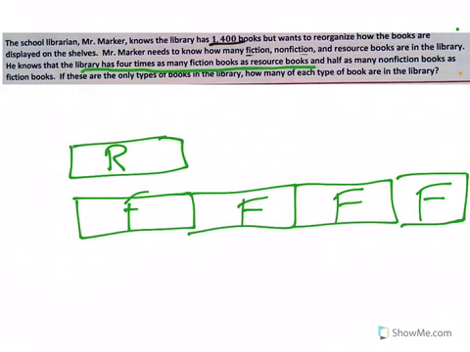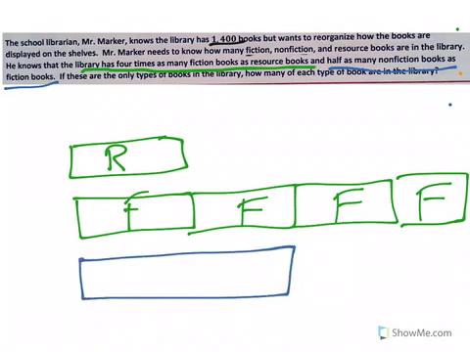Okay. So then we also know that we have half as many nonfiction books as fiction books. Well, we have a tape diagram split into 4 parts for fiction, and we have half as many nonfiction. Half would be 2. And you notice I'm trying to be real careful to make these pretty close to the right size. So we'll put NF for nonfiction. Now I want to relate it all back to the resource books.